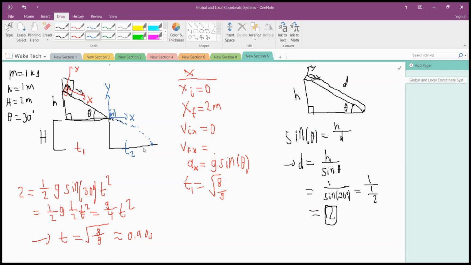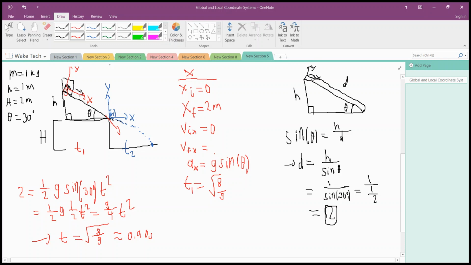And to do that, my mass is in free fall motion, it's in projectile motion. I'm going to need to know its initial velocity here. Well, if I need its initial velocity here, then I'm going to need to know the final velocity in the red coordinate system, because the final velocity in the red coordinate system will then turn into the initial velocity in the blue coordinate system. So let's go find our final velocity then.